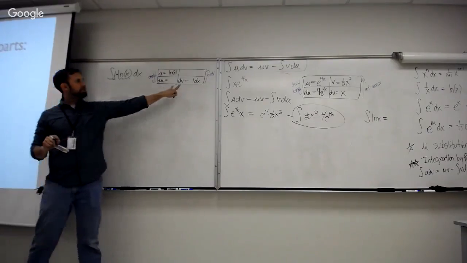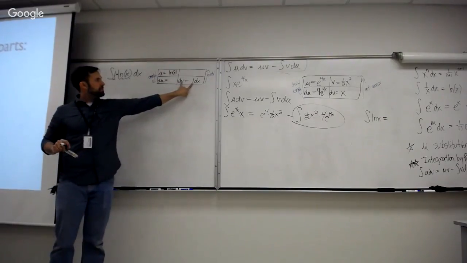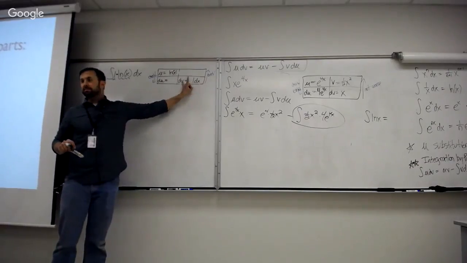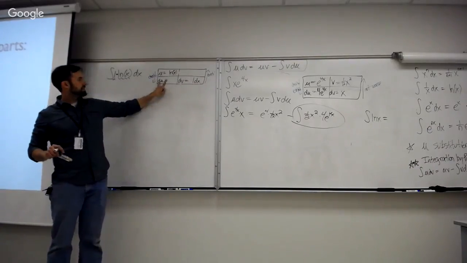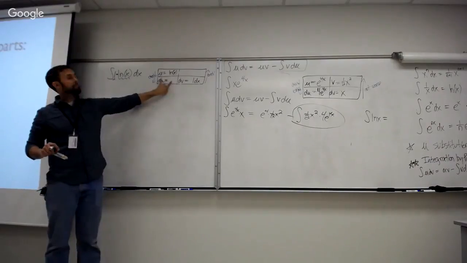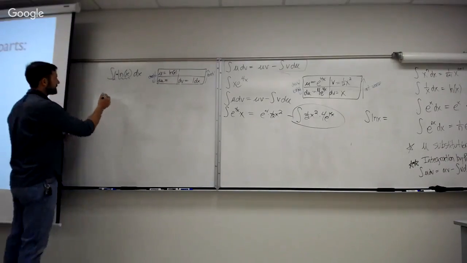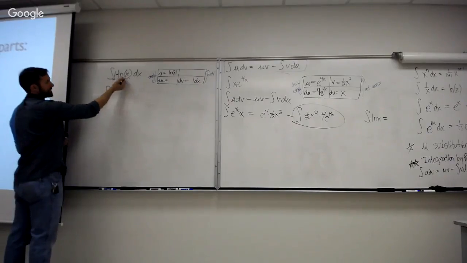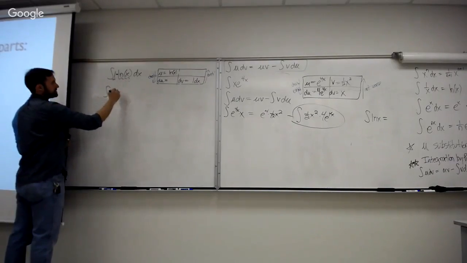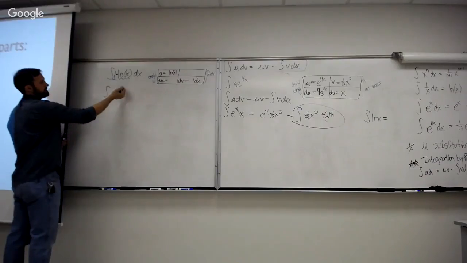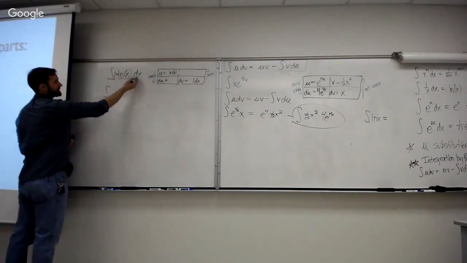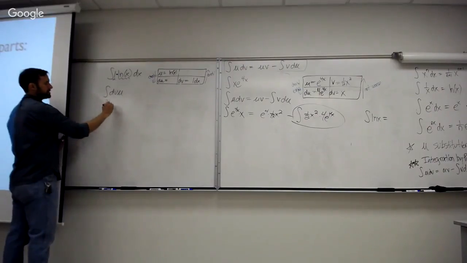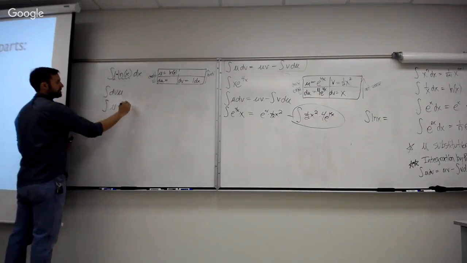By the way, folks, have you noticed that in this formula, whenever there's a d something on the left, there's always a d something on the right? That always has to be the case. Same thing here. Okay, so let's split it up. Our choice for u is natural log of x, and my choice for 1 dx is my dv. Normally we don't write it that way; we would write it down as u dv.